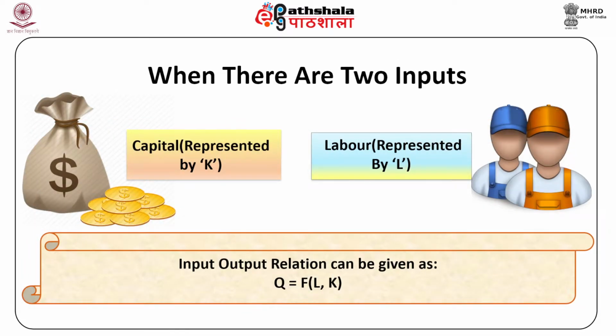For simplicity, we assume that there are two main inputs, labor and capital. So, the input-output relation can also be written as Q is a function of L and K, where L and K represent labor or man hours and capital or machine hours respectively used in the production of the good Q.